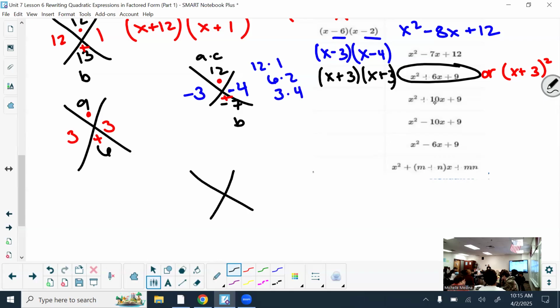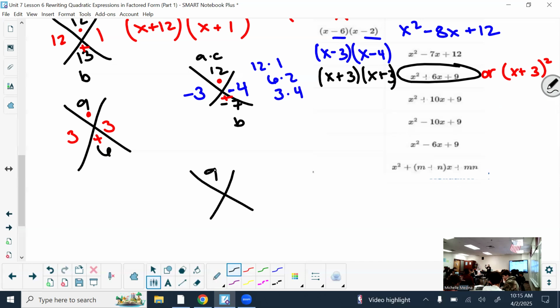What's this number if it's not written? If it was a 2, we'd put a 2 there. But since I didn't write anything, what must be the number in front of the x squared? Okay, so my A is 1. A is always in front of the x squared. My C value is what? What's 1 times 9? Okay, that's how I'm going to set it up.